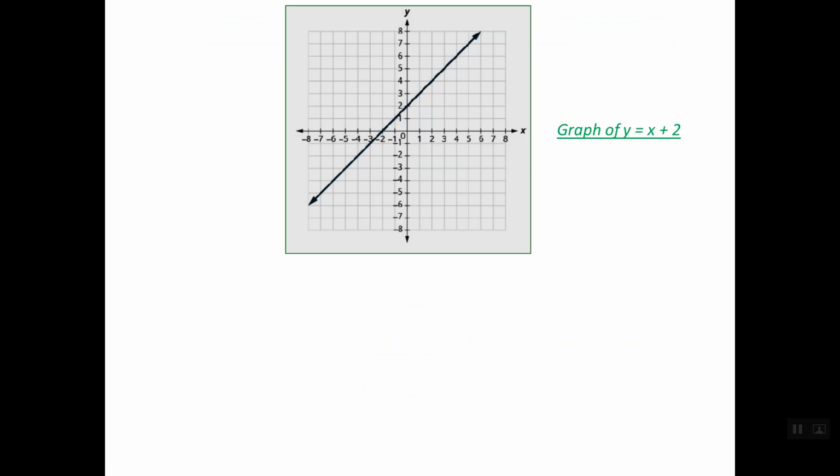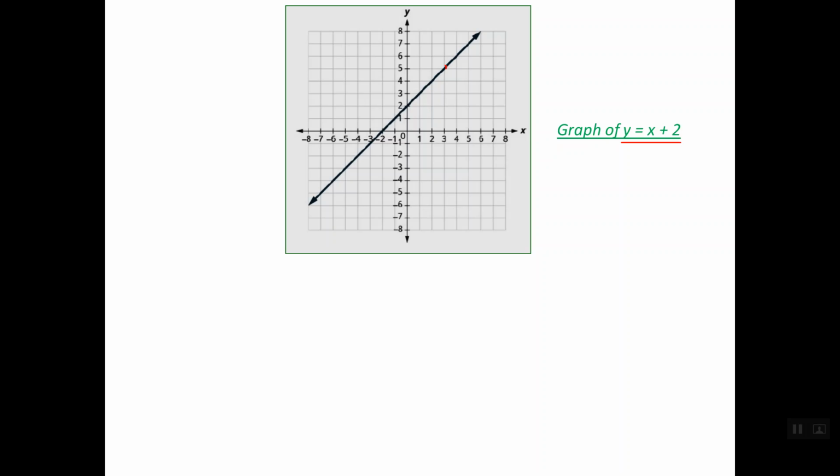Let's understand this straight line. This straight line is a representation of the equation y equal to x plus 2. So this is the graph of this equation. We have a straight line, and we say that any point that lies on this straight line is considered a solution to this equation.